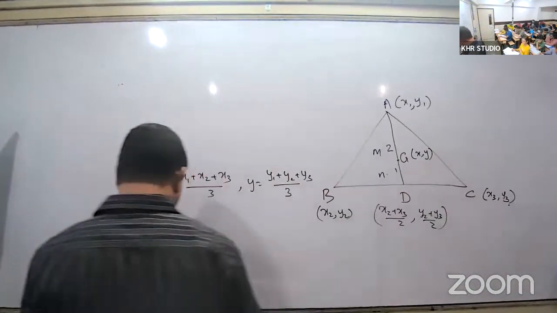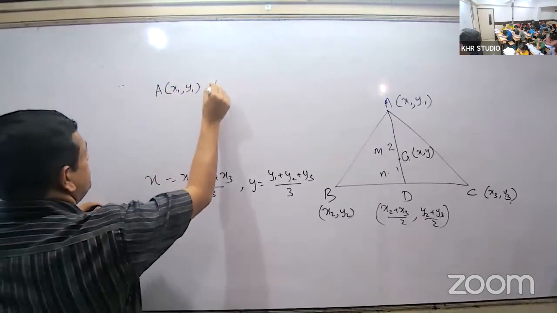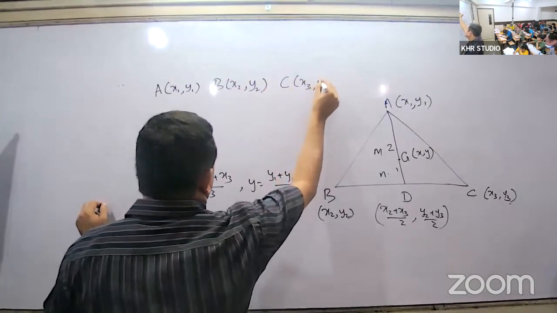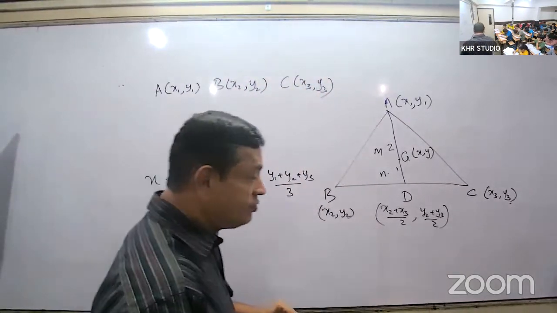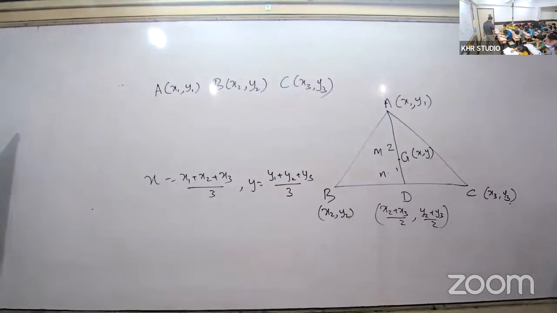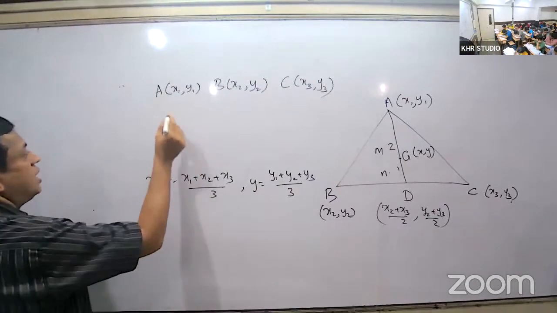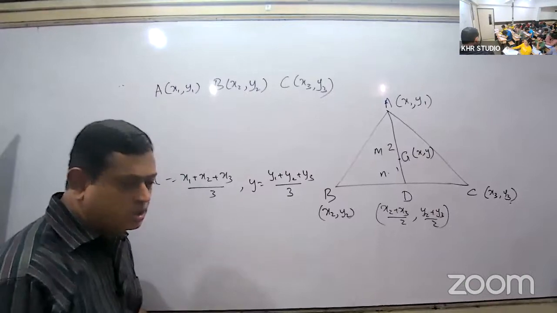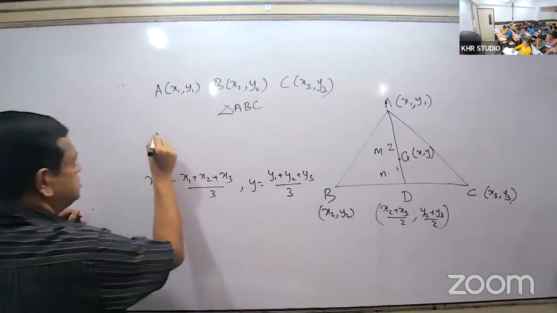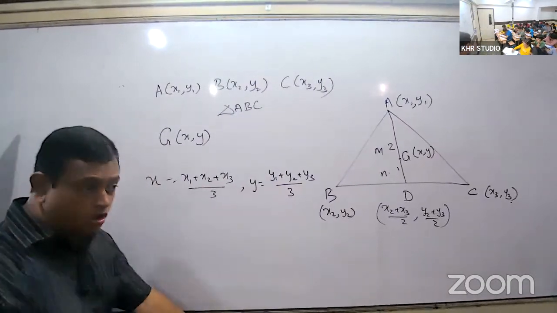If A(x1, y1), B(x2, y2), C(x3, y3) are the vertices of a triangle ABC, and G(x, y) is the centroid.